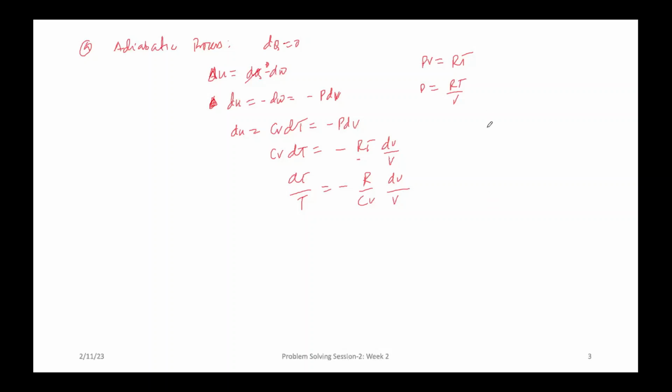Now there is one relation, Cp is equal to Cv plus R, which we will see in the next slide. Then we divide by Cv for the whole terms, and Cp divided by Cv is equal to gamma.